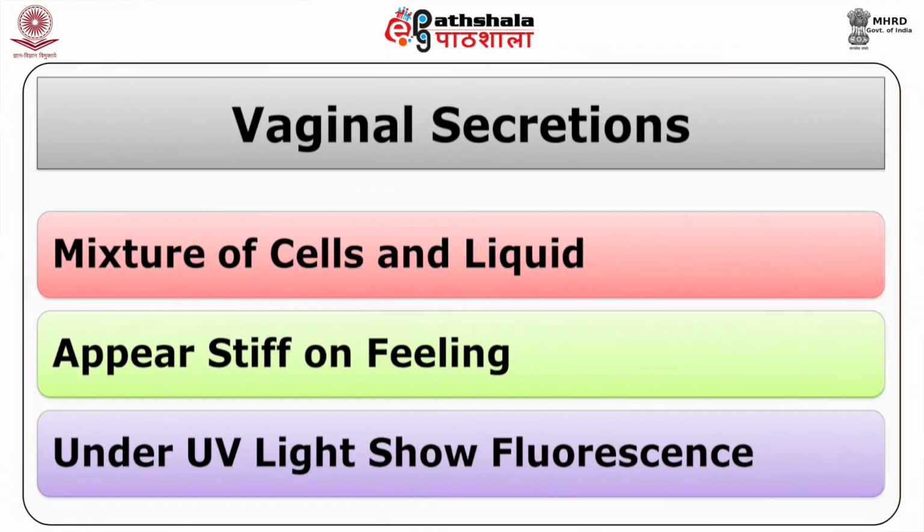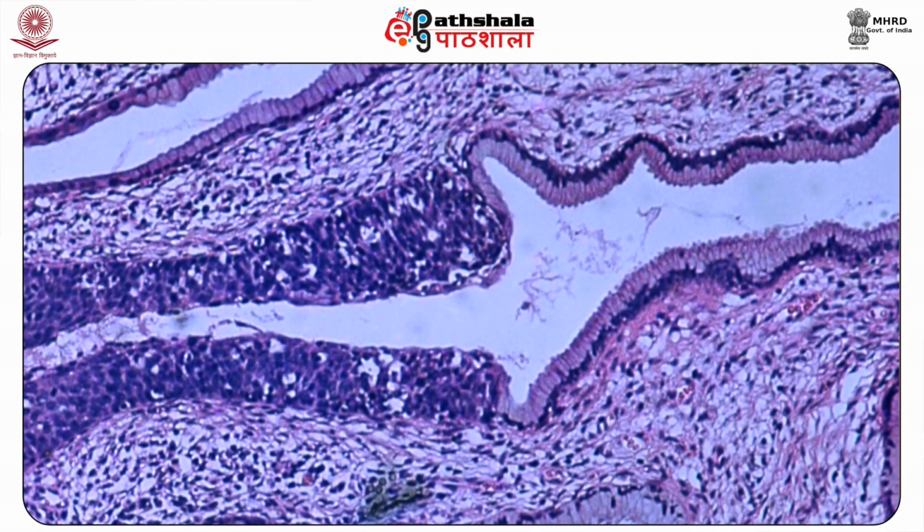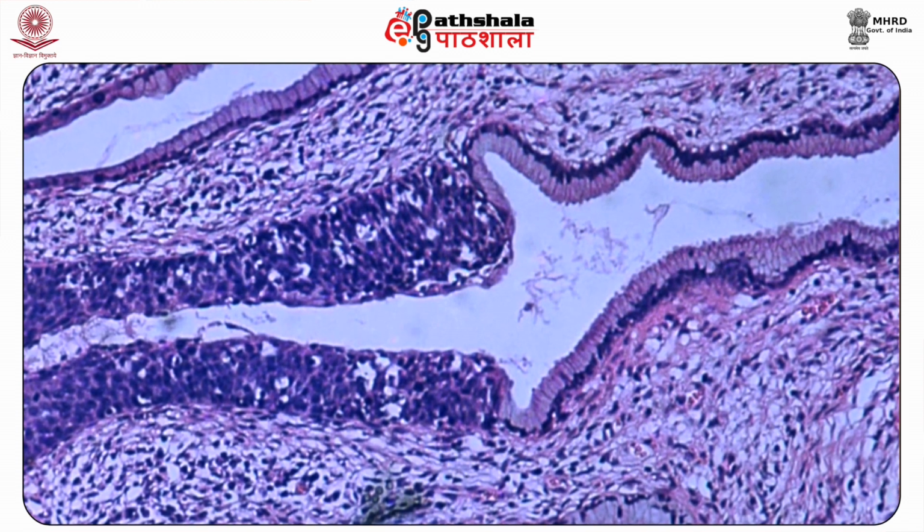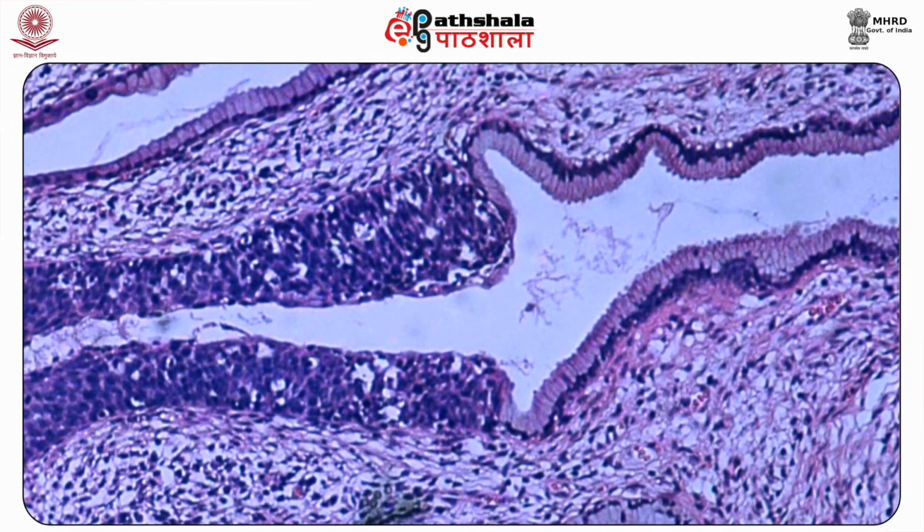Vaginal secretions and feces. Vaginal secretions contain a mixture of cells and liquid. Vaginal secretions appear stiff on feeling when these are on clothing. Under UV light examination, these show fluorescence. Vaginal secretion contain squamous epithelial cells that are rich in glycogen.